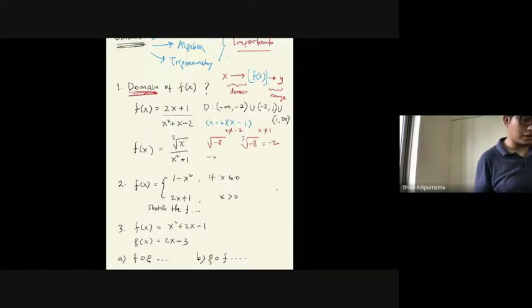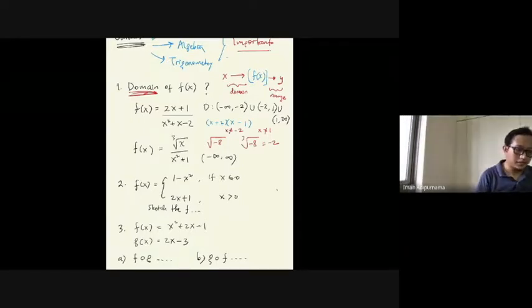Yeah, I think it's all real, right? Any negative here, it will be positive. Any zero also keeps zero. We cannot make it zero here, right? It's always positive. Okay, so all real numbers.